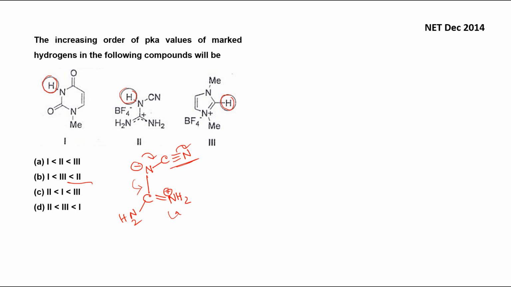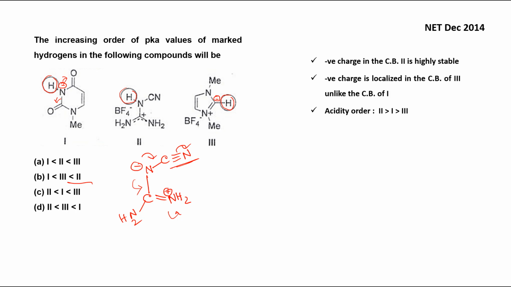But among 1 and 3, if we want to compare, for the negative charge in the first compound, resonance is possible on both sides. But see, in case of compound 3, after generation of the negative charge, this negative charge is basically localized. Delocalization is not possible. So that is why it is not getting any stability. So 1 should be more stable. Sorry, I'm not talking about stability; stability is in terms of negative charge. But if we consider which one is more acidic, 1 will be more acidic.